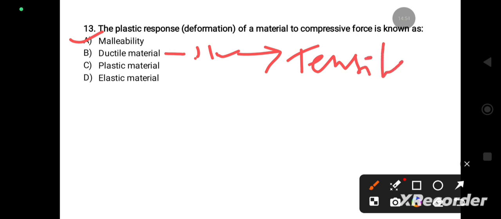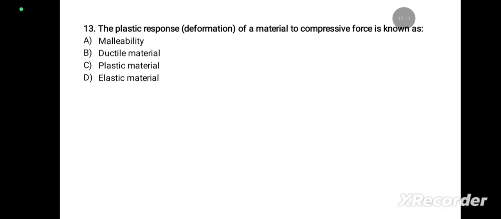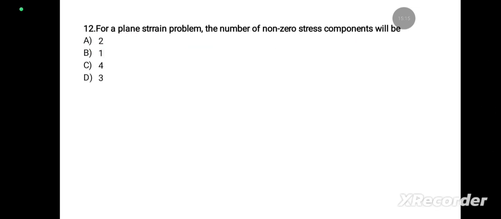If a tensile force acts on steel, it undergoes ductile behavior. If a compressive force acts on a metal, it undergoes malleability. An elastic material returns to its original position after unloading.